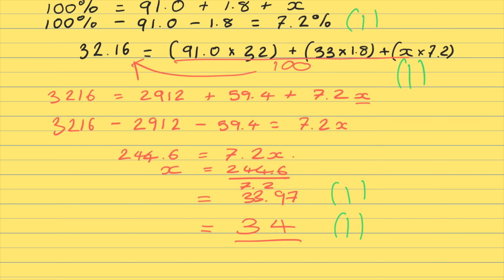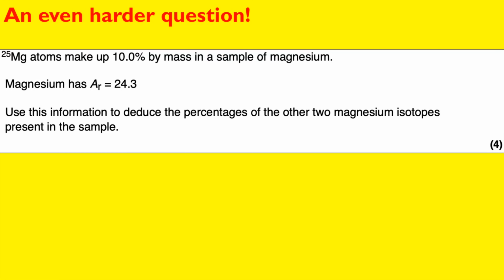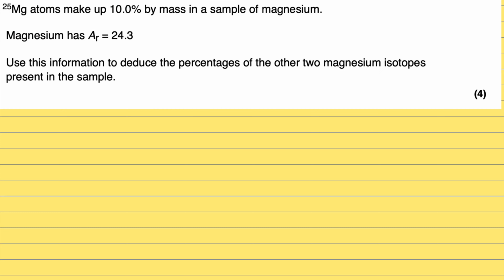Okay, let's have a look at another exam question. So this is an even harder exam question. This time we've been told that 25 magnesium makes up 10% of this sample of magnesium, and we're told the relative atomic mass is 24.3. There is some further information that we need to know as well, and that is that magnesium has 3 isotopes, 24 magnesium, 25 magnesium and 26 magnesium.